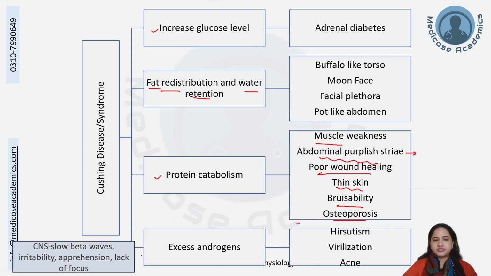Lastly, excessive androgens in males might not be evident much, but among females, it can lead to hirsutism, excessive hair growth, male pattern hair growth, virilization, and acne, also caused because of the androgens.